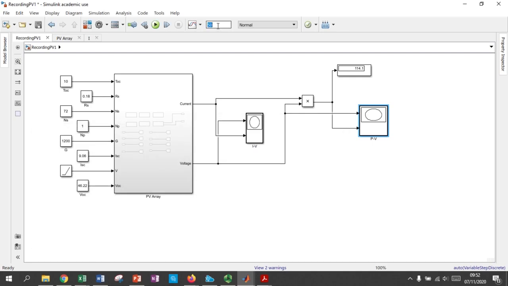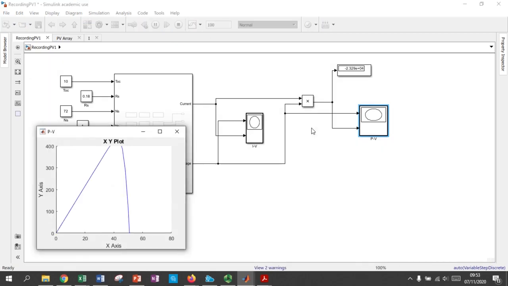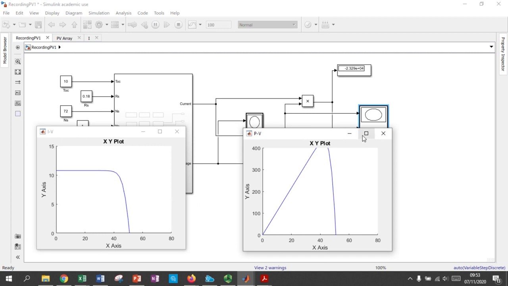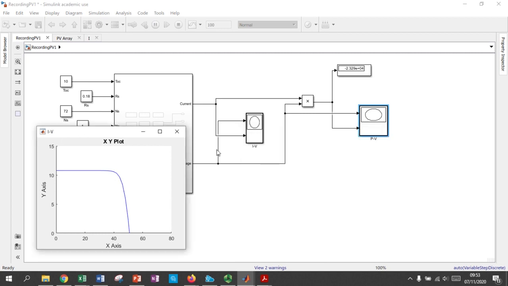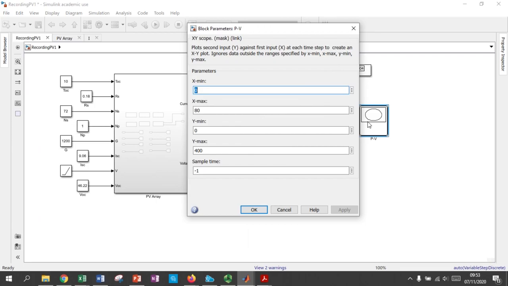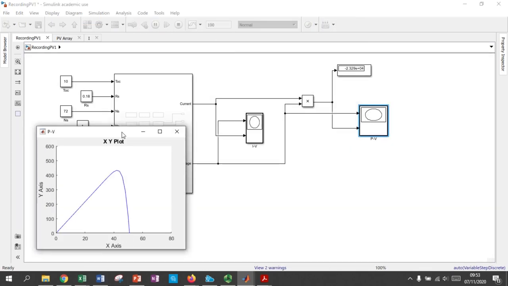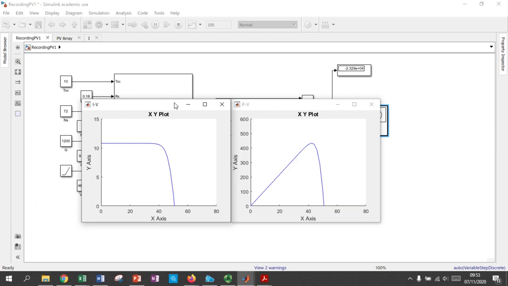Then I will increase it to 100. Yes, 100, but just to see the power plot, it's required to increase this one, for example, to 600 as a power range. Then we can find that it's again working perfectly.